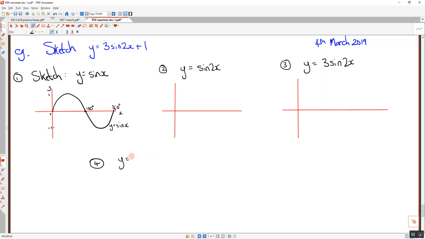It's an equal sign. Okay, so 3 steps, starting with sine x, sine 2x, 3 sine 2x, and then our final answer. Draw each of them in. Now look back in your notes, please, if you are not sure.